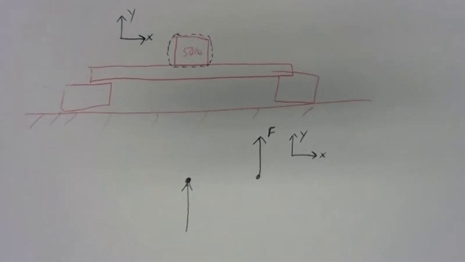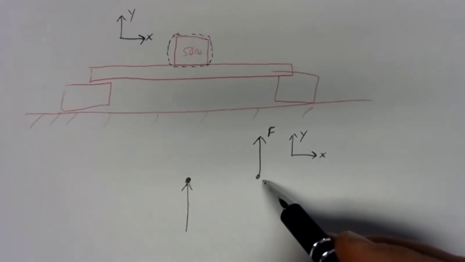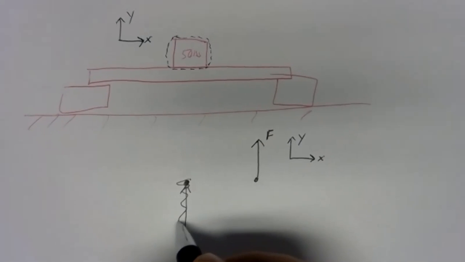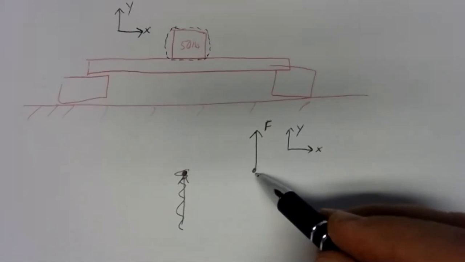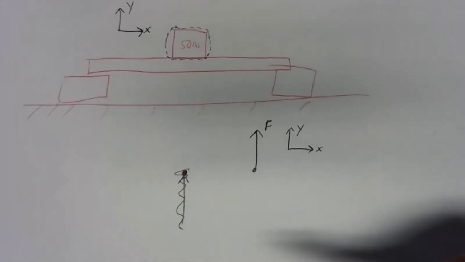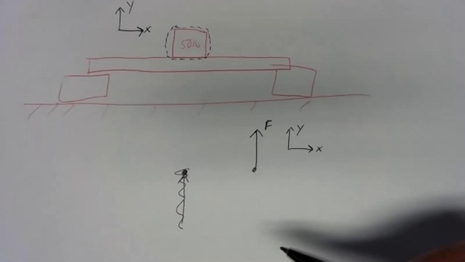Now, that alone cannot be in equilibrium. Notice how there's no balancing force drawn yet in my free body diagram. I'm going to just erase that there. In my free body diagram here, I've only got one force. A force alone cannot be in equilibrium unless that force is zero. So there must be another force here.